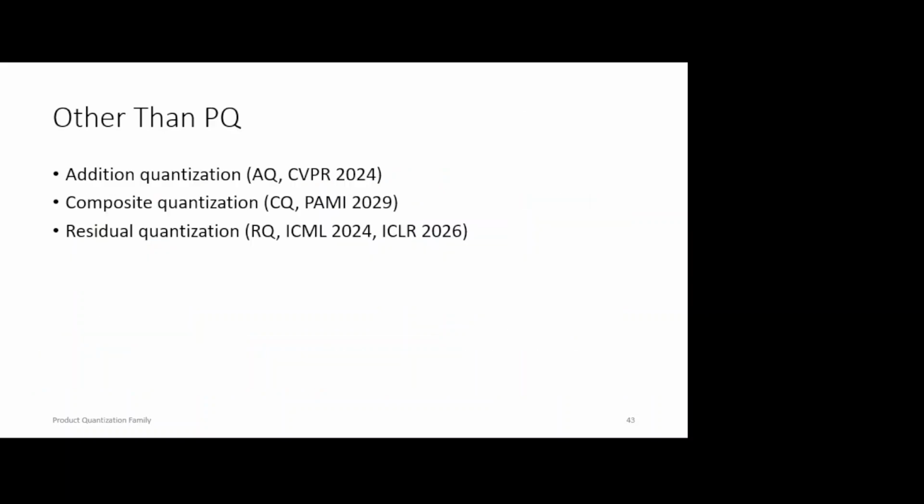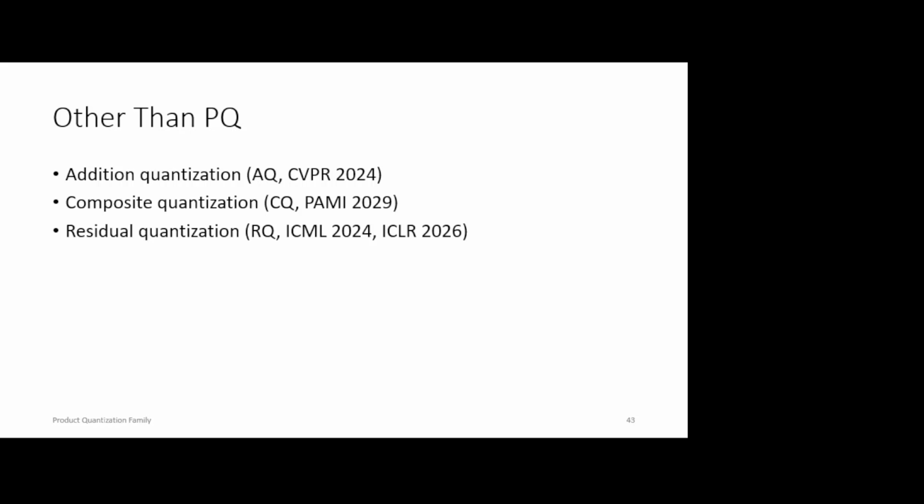All right, so there are other techniques unlike PQ. Here we just mention some of them, for example, additive quantization, AQ, or composite quantization, called CQ, and residual quantization. All these methods are based on summing up all your vectors together to reconstruct and generate the reconstructed vector.